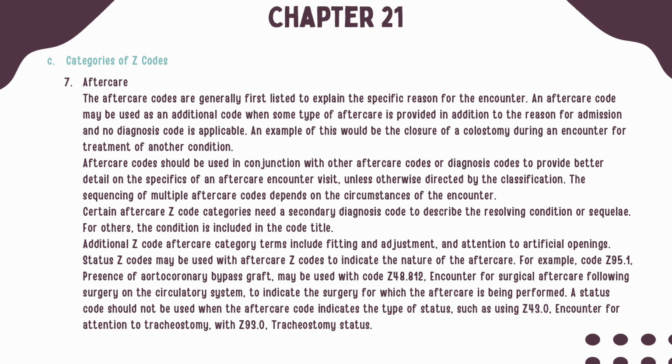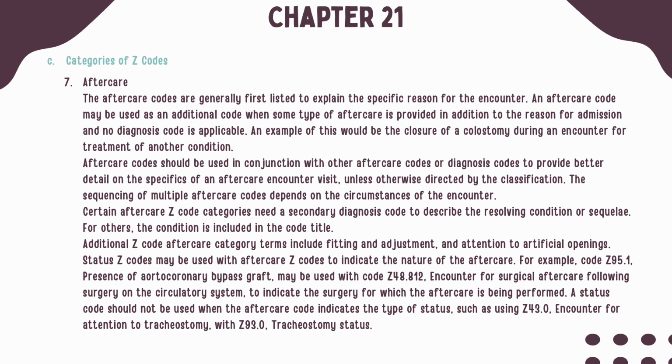Some aftercare codes have the condition included in the title, and certain aftercare categories will need a secondary diagnosis code to accurately describe the resolving condition or sequela. Status codes may be used with Aftercare Z codes to indicate the nature of the aftercare itself.